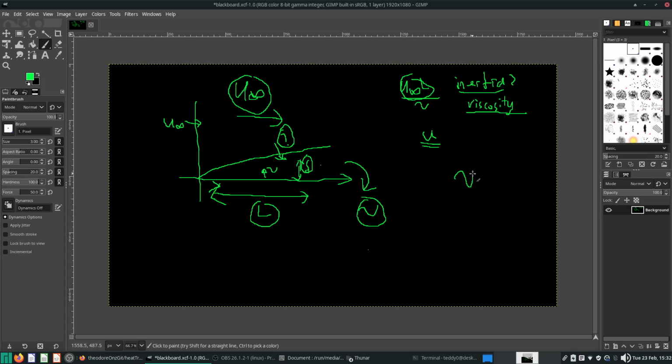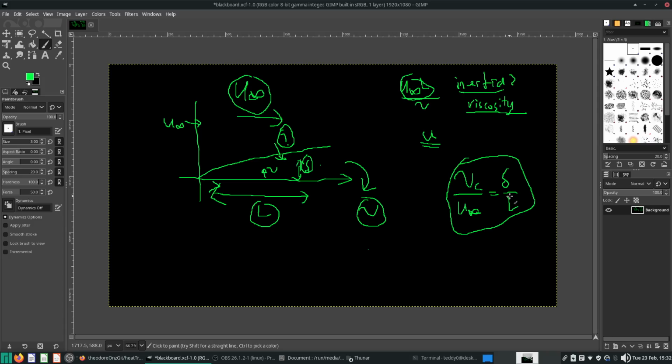In fact, v over u infinity can be found using a scaling methodology. v over u infinity is related to the characteristic velocity, vc, the v characteristic velocity.